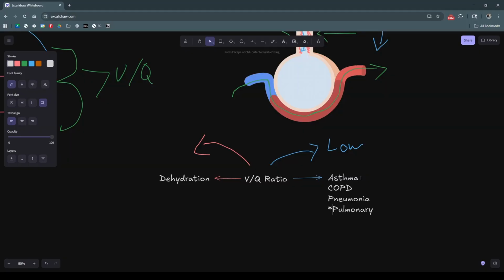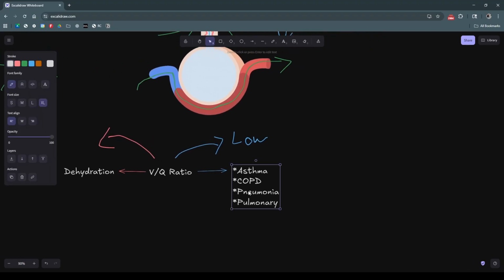But all of these are kind of coming with the asterisks of, essentially saying that they can get worse and be far, far more problematic, moving us away from just calling it a VQ mismatch into something far more deadly. I mean, imagine a world where you've got just a little bit of pulmonary edema there. Maybe you had some minor aspiration, or maybe it's the very beginnings of congestive heart failure. But let's say, of course, that just continues to get worse, like in a drowning event, or just a profound ARDS experience, or just CHF that is exacerbated so much that you are just full of fluid.